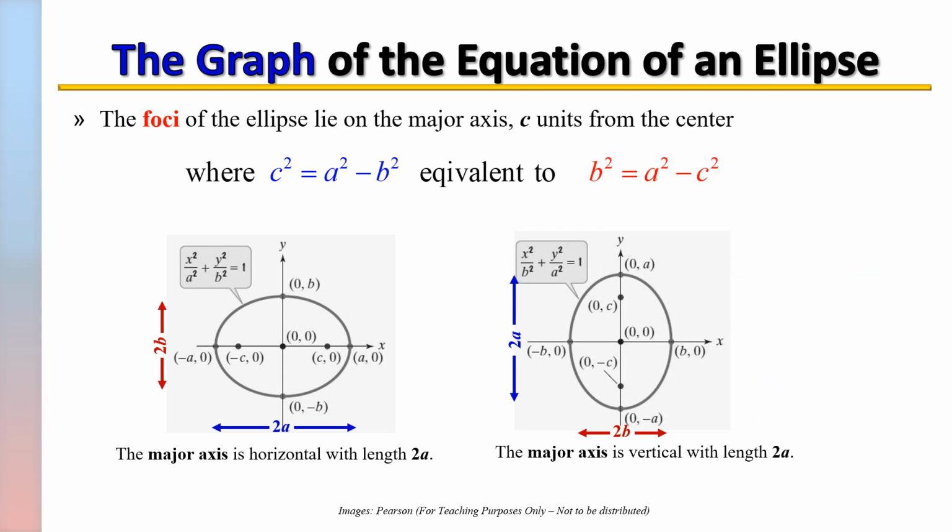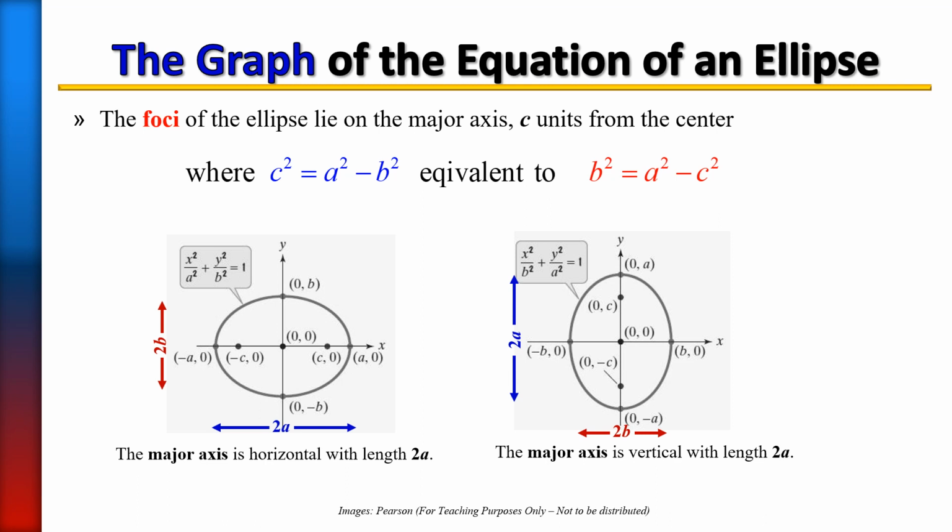Okay, the last bit of information you need to know before we get started is that the foci of the ellipse lie on the major axis, c units from the center, where c squared equals a squared minus b squared, which is equivalent to b squared equals a squared minus c squared.